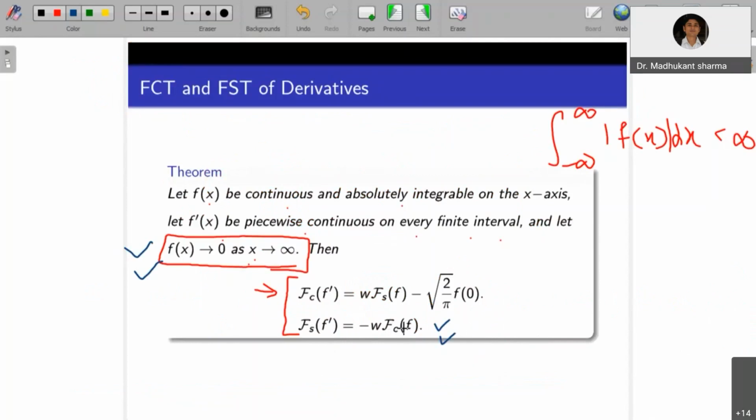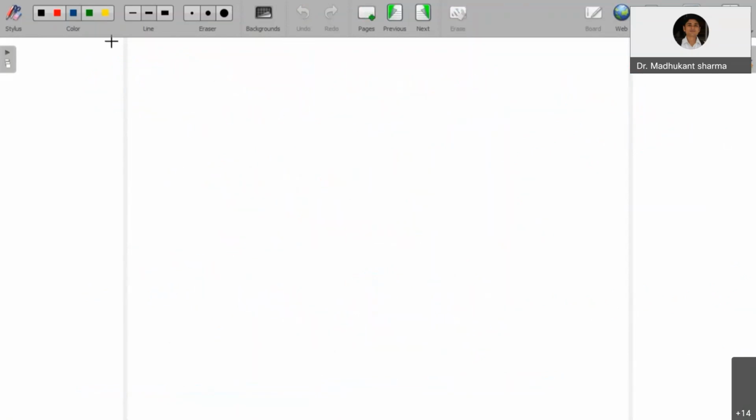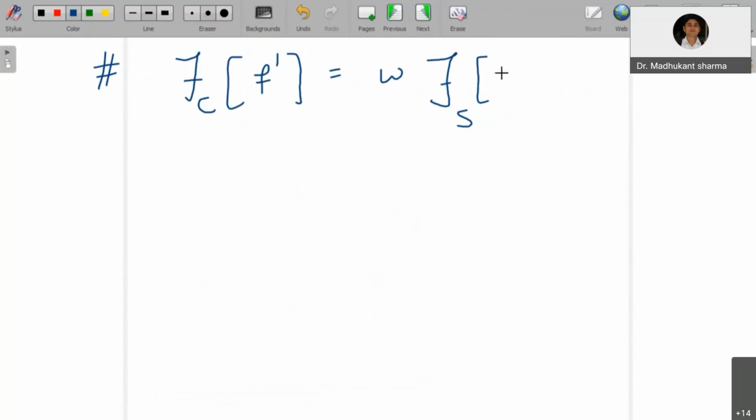So now, using this, I'm going to tell you the following. The Fourier cosine transform of f dash is w times the Fourier sine transform of f minus square root of 2 by pi times f at 0.